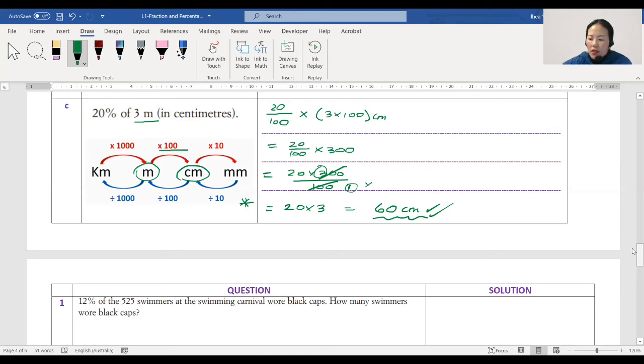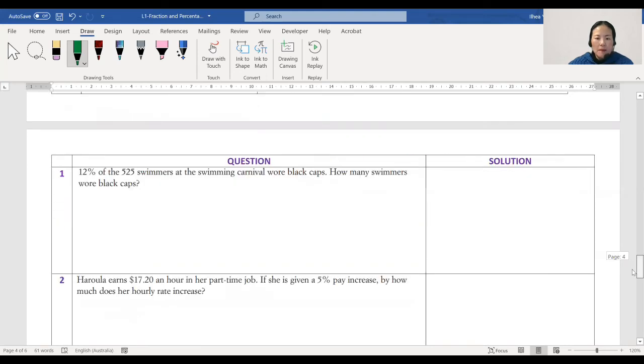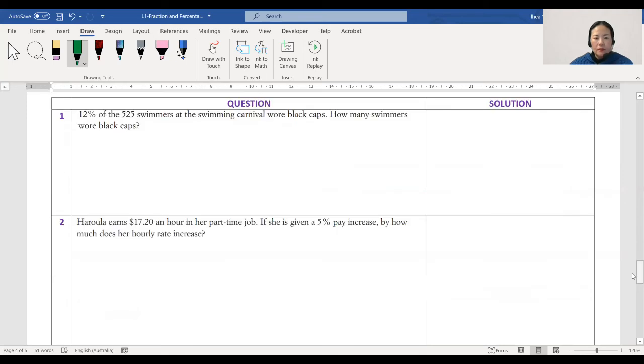Now, next question is, there's 3 questions, but it's a worded question, applying question. So let's have a look at that. First one, 12% of the 525 swimmers at the swimming carnival wore black caps. How many swimmers wore black caps? Okay, so what is the information we have here? So I'm going to write all the information I have. 12% and then 525.